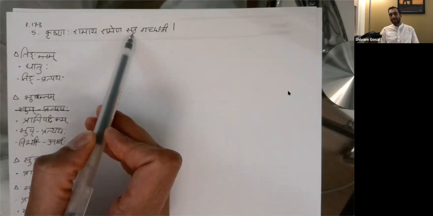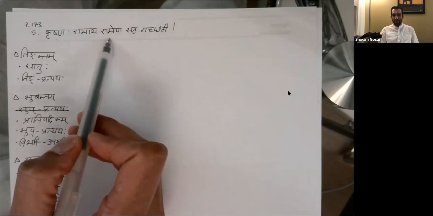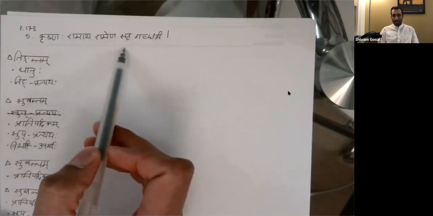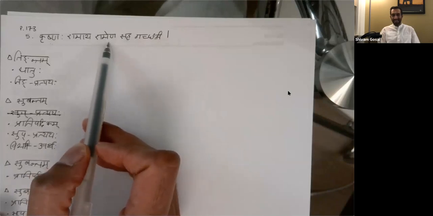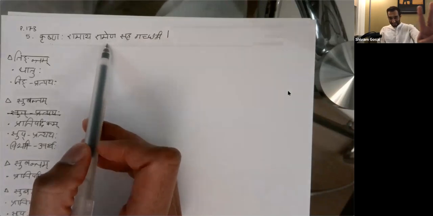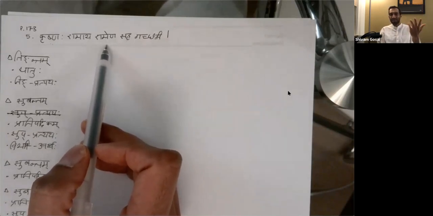Saha is an indeclinable word, okay? So pratipadika saha, we don't really know much about that. But let's go to Ramena. Ramena, okay. So Ramena, pratipadika is Rama, akaranta pullinga, supratyaya is, what case is this? Third case, third one. We would say 3-1 rather than third one. Yeah, 3-1.